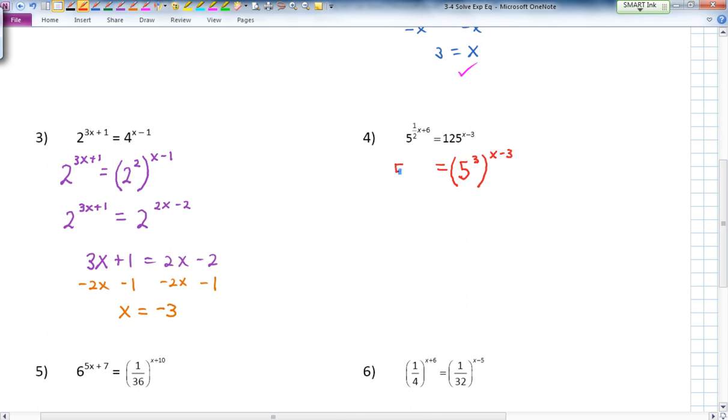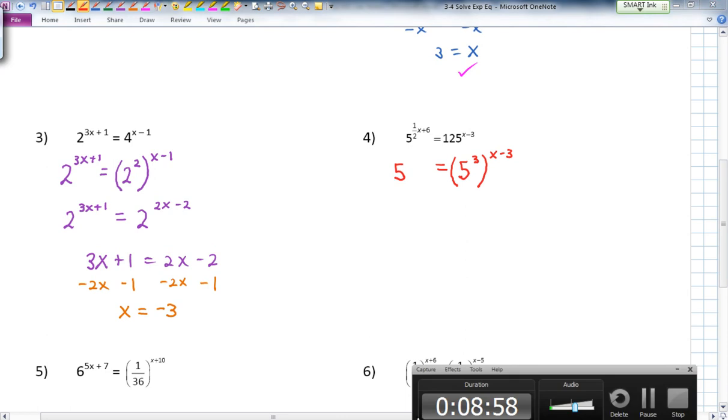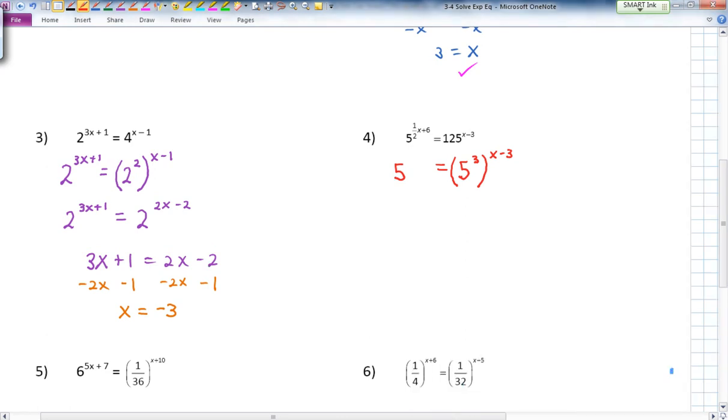And then the left side, so now that we've got our bases the same, we're going to leave the exponent on the left side as 1/2 x plus 6. On the right side, we still need to combine the exponents just like we've been doing, so we would multiply.